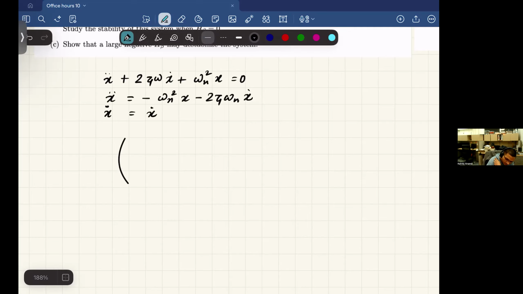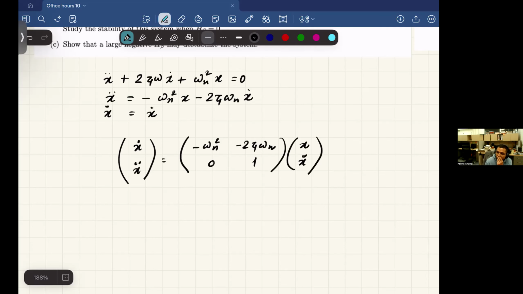Then you write the state vector: x dot, x double dot equals the matrix [0 1; minus omega n square, minus 2 zeta omega n] times x, x dot. This becomes your x dot, this becomes your x, and this becomes your A. Does it make sense?